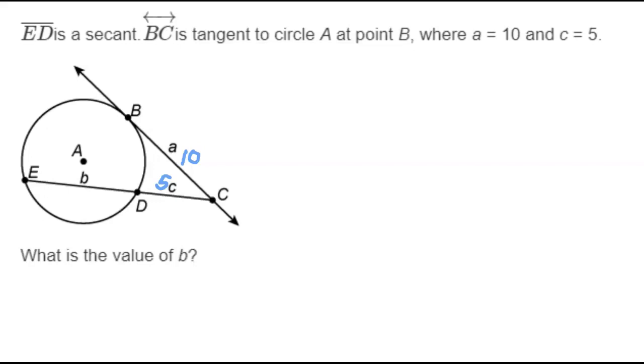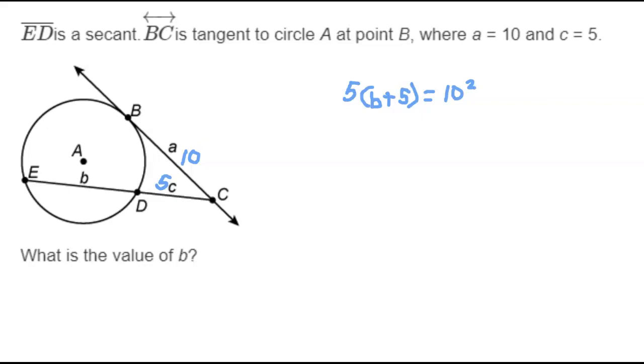Ooh, okay. So B plus 5 times 5 is going to be my secant. So B plus 5 times 5 is equal to A squared, or in this case, A is 10. So that's going to be equal to 10 squared.